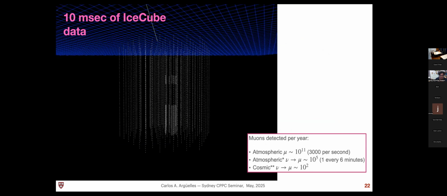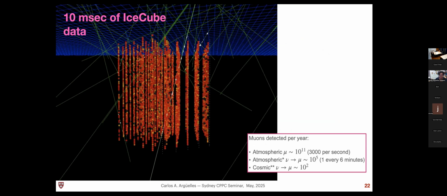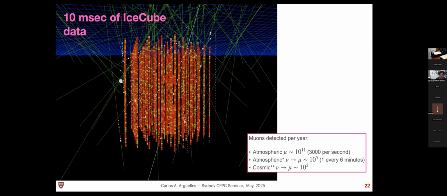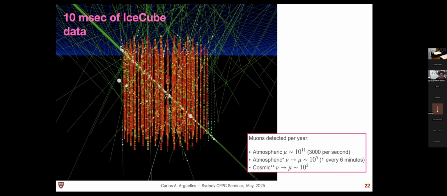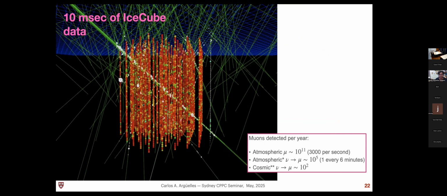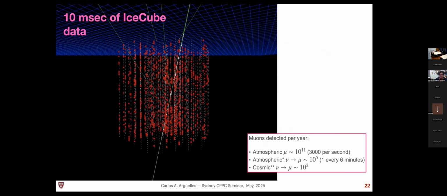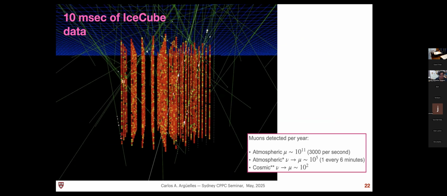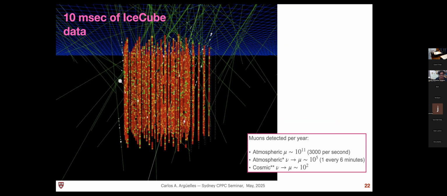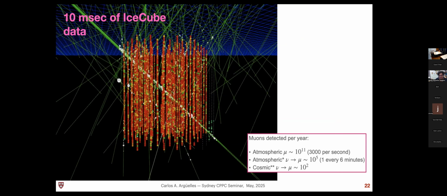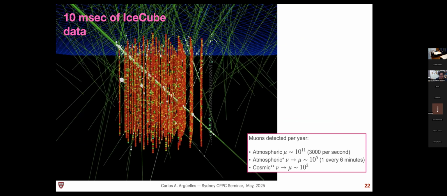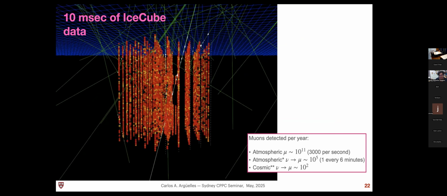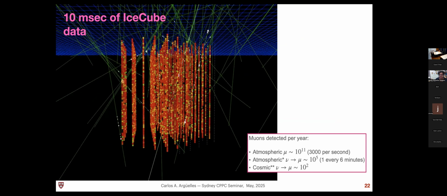One of the big challenges in these sorts of experiments is that even though the detector has a 1.5 kilometer overburden of ice, there are still a lot of high energy muons produced by cosmic air showers that manage to reach our detector. What you're seeing here in this video is a simulation of 10 milliseconds of IceCube data. We see about 3,000 muons from the atmosphere per second, so it's going to be 10 to the 11 per year.